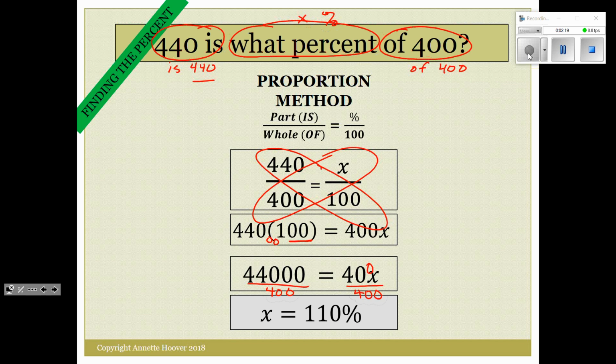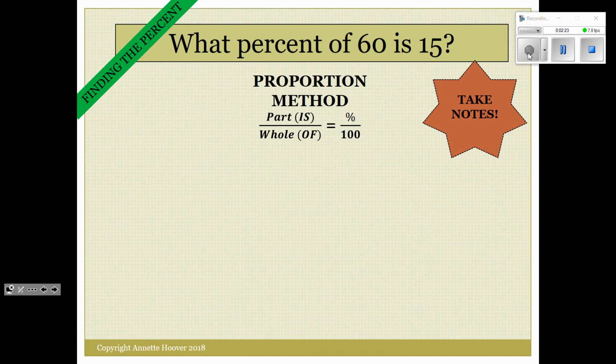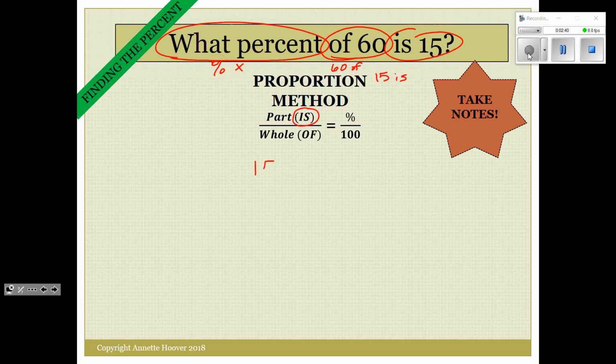So once you set these up, you're going to be using your calculator to solve them. Let's look at another one. What percent, so we know that we're looking for the percent, is our unknown number, of 60, so 60 is our of, is 15, so 15 is our is, and now we're just going to set it up. We're going to put the is on the top, which was 15. We're going to put the of on the bottom, which was 60. That's our first ratio.